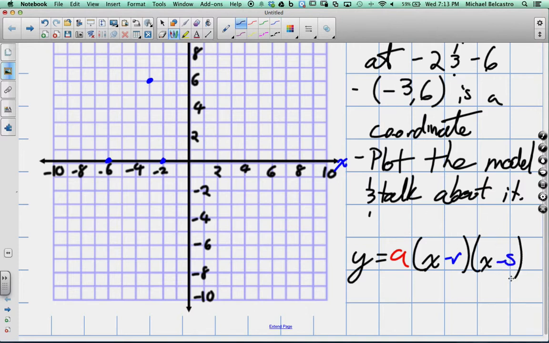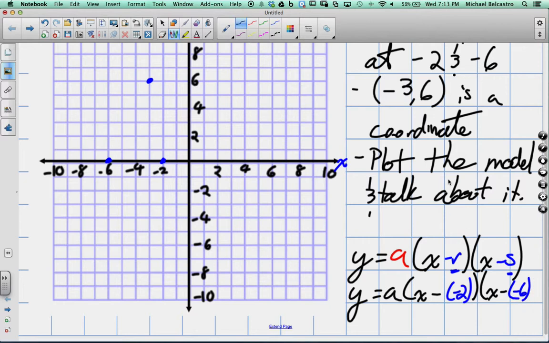In our case, our two x-intercepts happen to be -2 and -6, so we're going to plug them in for r and s. We get y is equal to a, x, and technically it's subtract -2, and x subtract -6.